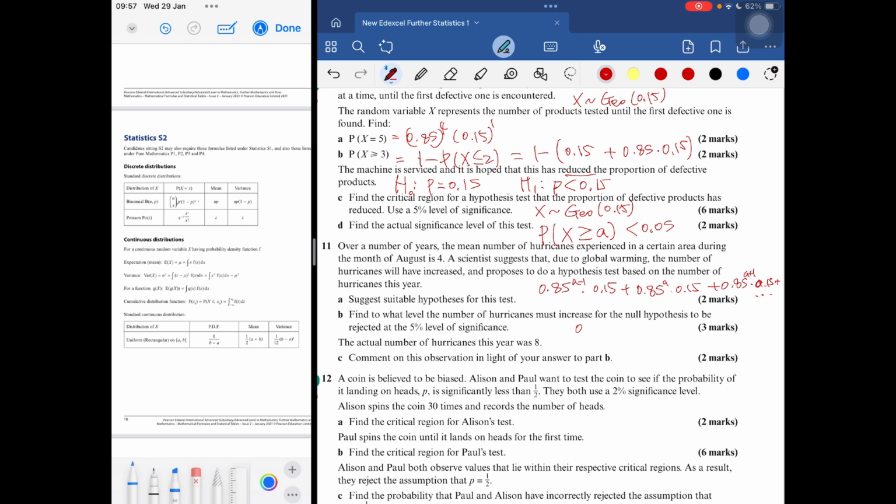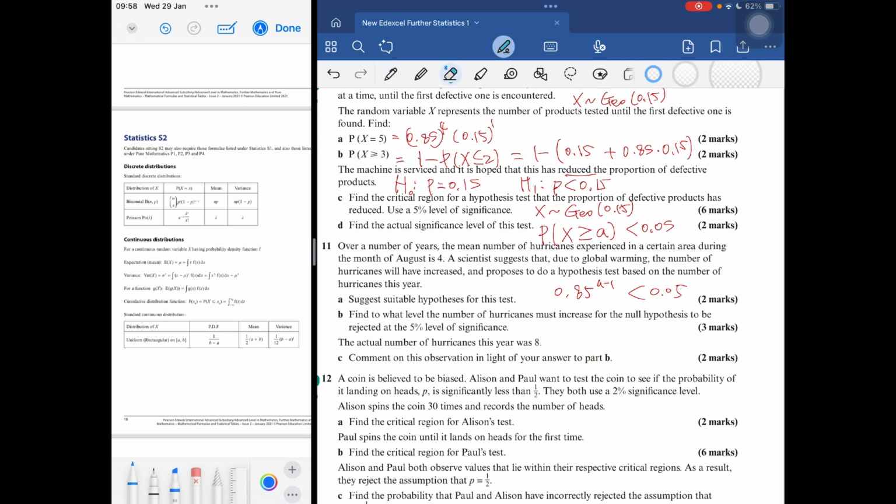So the first term is 0.85^(A-1) times 0.15 over 1 minus 0.85. So like this. So now we have 0.85 to the power of A minus 1 is smaller than 0.05.